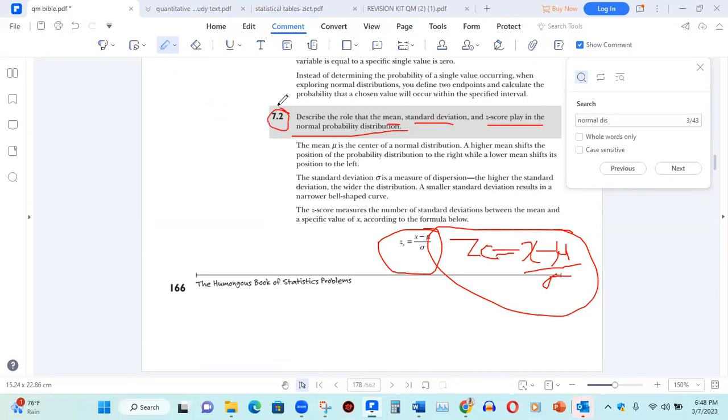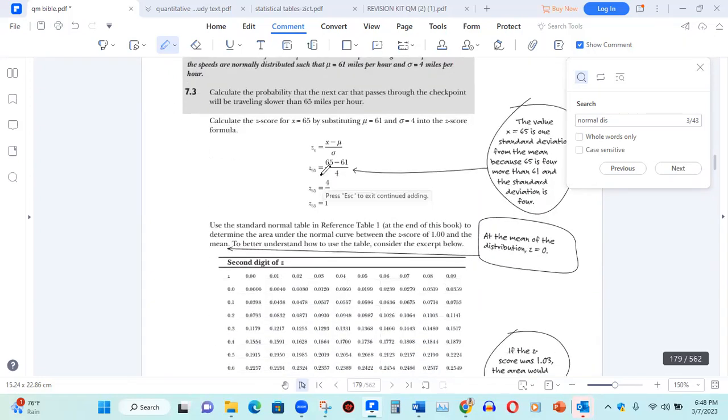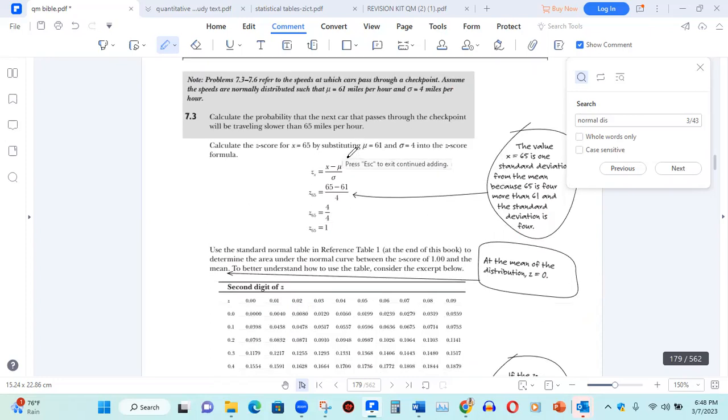Then we can have an example where we get a z-score value for x, where the mean and standard deviation go into the z-score formula.